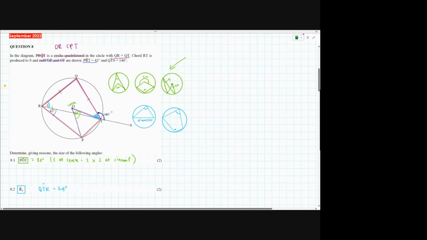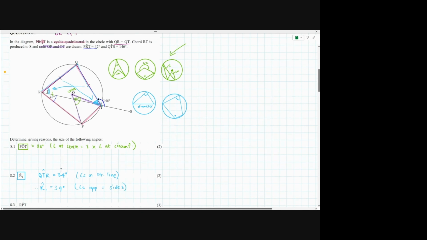So 180 minus 146 gives us 34. And exactly, because we were told that QR is equal to QT, the angles opposite those equal sides are equal. So angle R1 is also equal to 34 because of angles opposite equal sides.